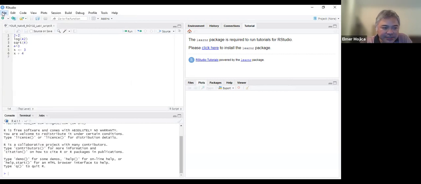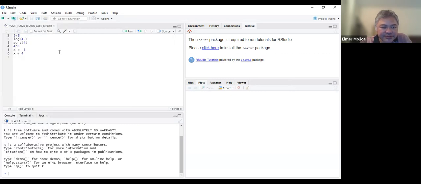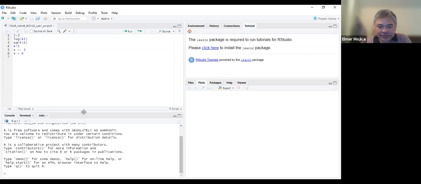Oops. Wala. Hindi pinapakita yung mga jobs kasi usually kapag... oh no. Okay, allow.